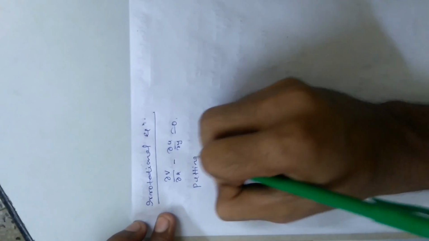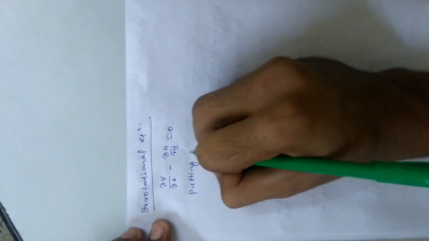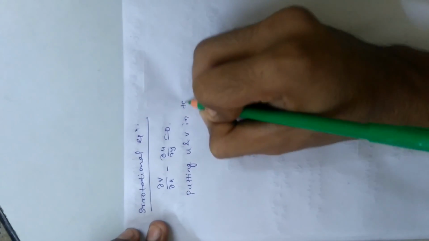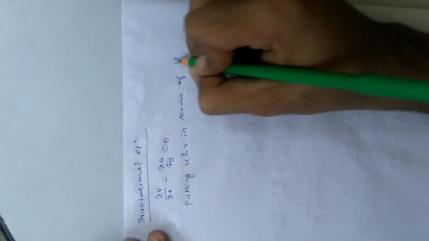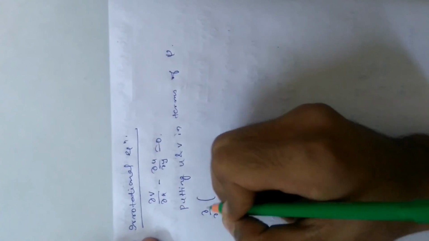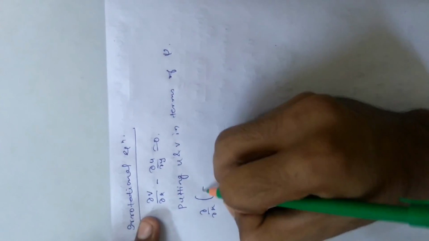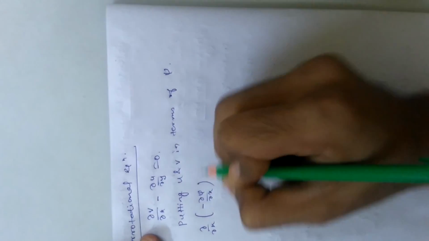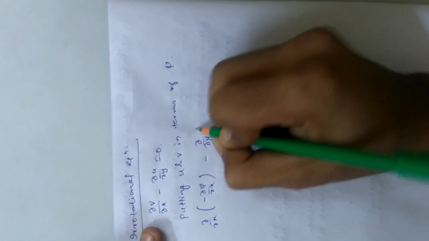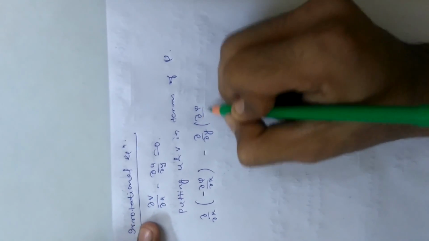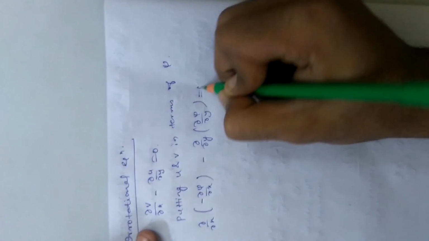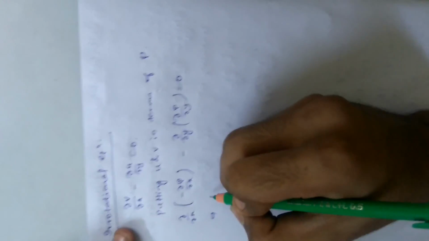Putting u and v in terms of psi, del x of, instead of v we are writing minus del psi upon del x, minus del y of, instead of u we are writing del psi upon del y, equals to 0.